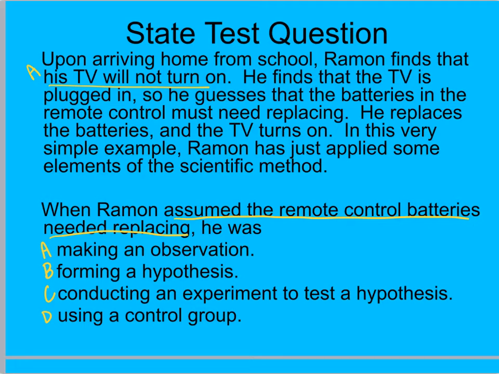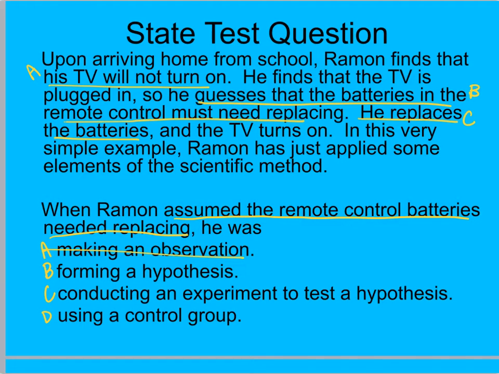When he found that the TV was plugged in, he guessed the batteries must need replacing. So that was him forming a hypothesis. When he conducted the experiment to test the hypothesis, that was when he replaced the batteries and the TV turned on. So C, conducting the experiment, is when he replaced the batteries.